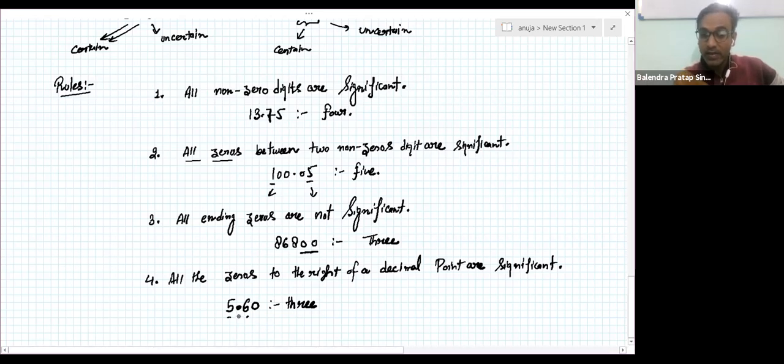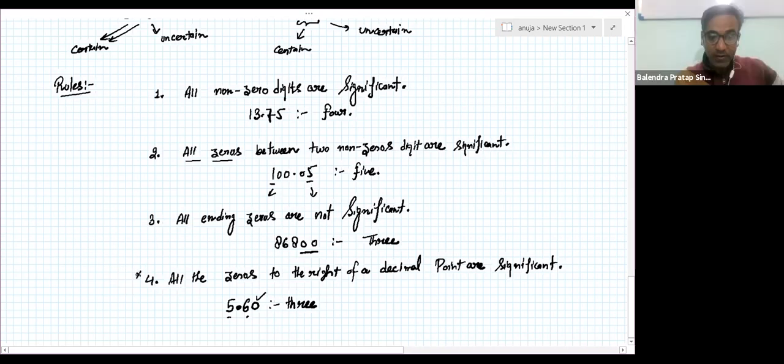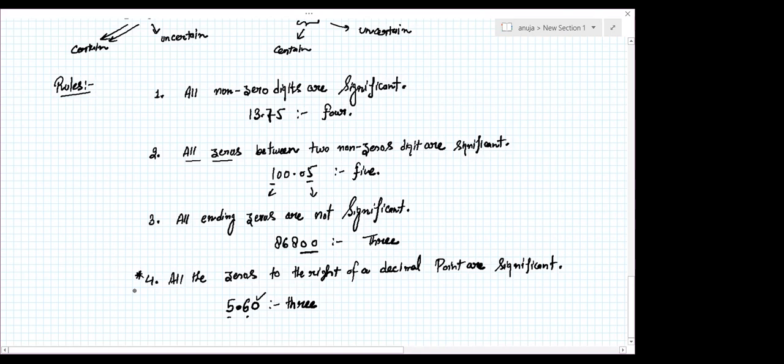So here, the right hand side of the decimal point has one zero, but you have to consider that zero as a significant digit. This is the most confusing rule, but remember it. You have to consider all the zeros which exist on the right hand side of the decimal point.